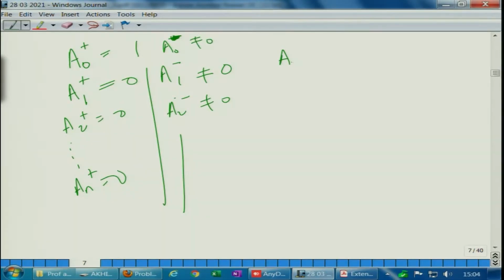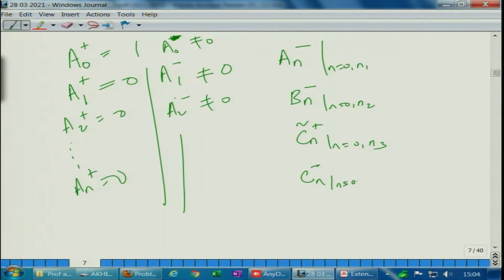So, the variables are: A n minus, where n ranges from 0 to n 1; B n, where n ranges from 0 to n 2; C n plus, where n ranges from 0 to n 3; C n minus, n equal to 0 to n 3; D n plus, where n ranges from 0 to n 2; and E n plus, where n ranges from 0 to n 1.